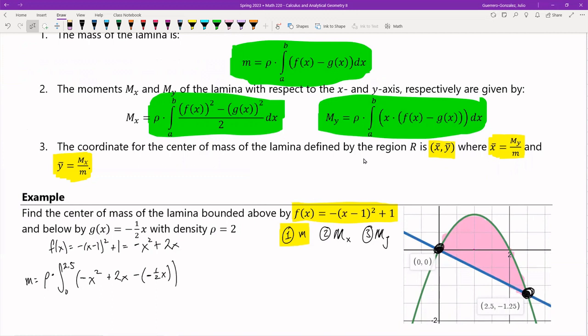When you do the algebra here, and this is dx, make sure you handle the negatives. The equation for the mass has a negative in and of itself, and your g of x also has a negative. So make sure you separate those two away.